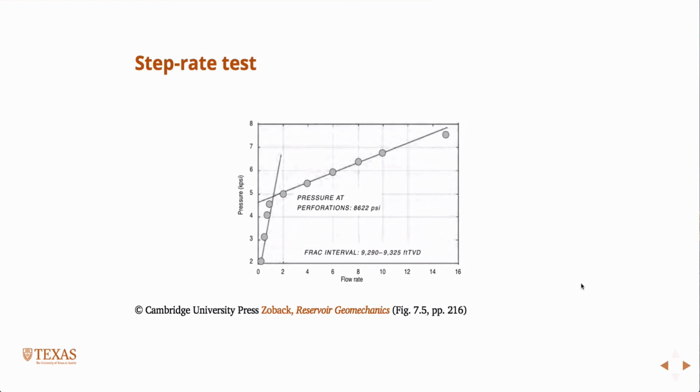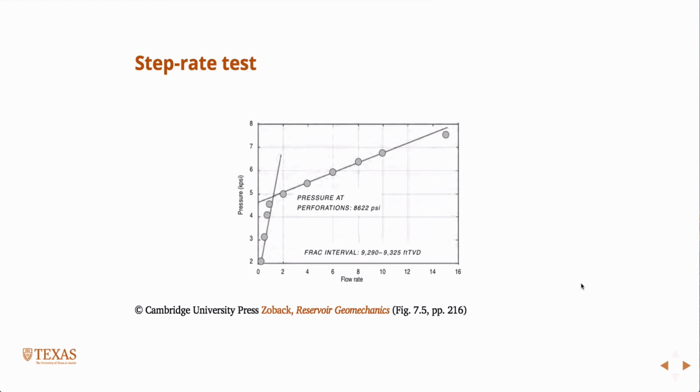There's also another type of test called a step rate test, which in principle is applied in the same way that a leak-off test is, except now you vary the flow rate. So you pump at a constant rate, and then you increase the rate, and then you increase the rate in steps. If you're pumping into a constant volume, then that increase is going to cause a linear increase in pressure.